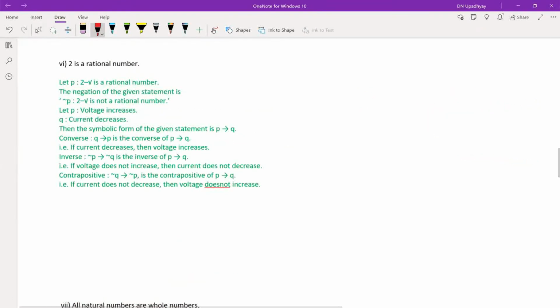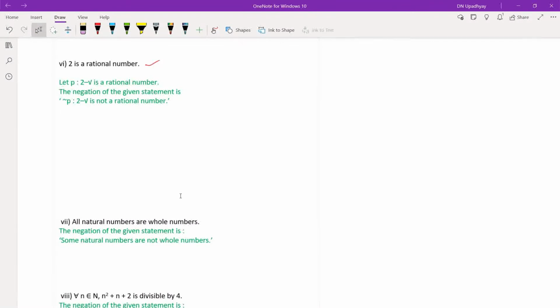Okay, now question number 6. 2 is rational number. Suppose P is nothing but 2 is rational number, so negation of P will be 2 is not rational number.